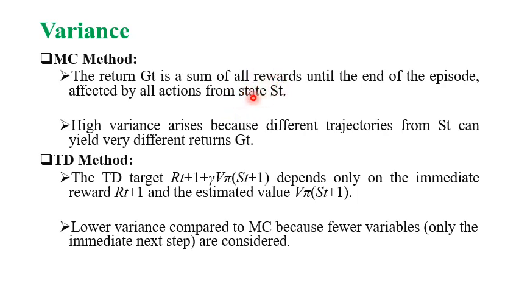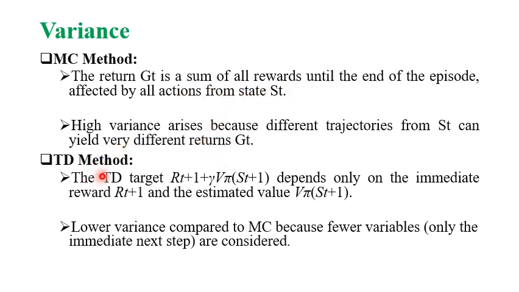So we can say that Monte Carlo method has a high variance. Let me restate again. For different trajectories, we can have different return values. Why can we have different return values? Because it depends on too many parameters or reward terms.